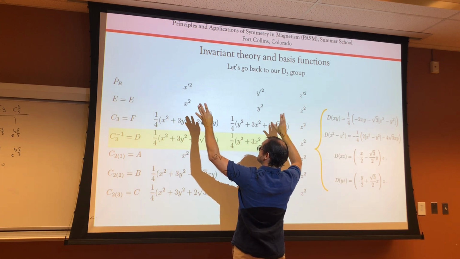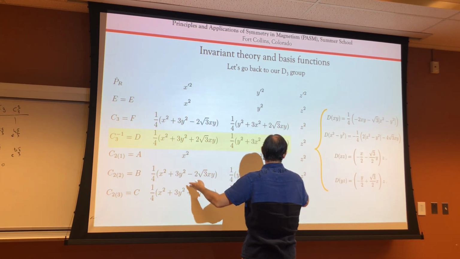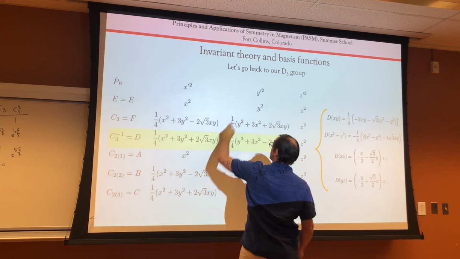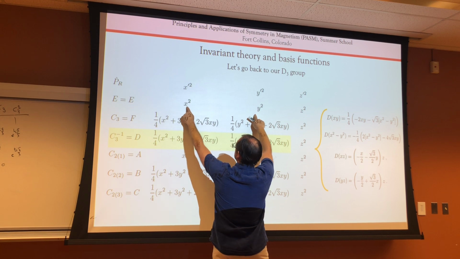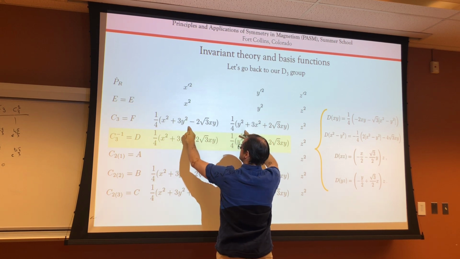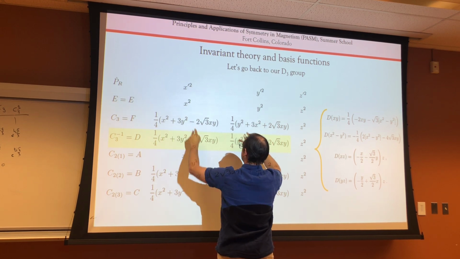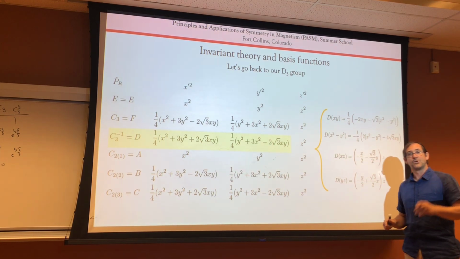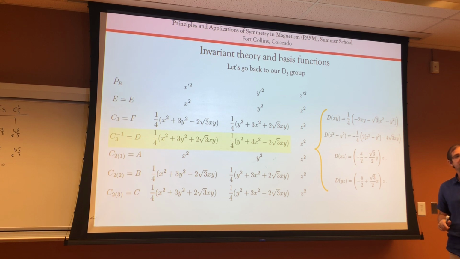X squared, y squared, they're definitely not invariant, or they do not fall under a specific representation. But if I take x squared plus y squared, you think that x squared plus y squared will remain invariant by C3. Invariant by this one, by this one, by this one, by this one. So although x squared and y squared are not invariant, their sum falls under the gamma 1 representation.